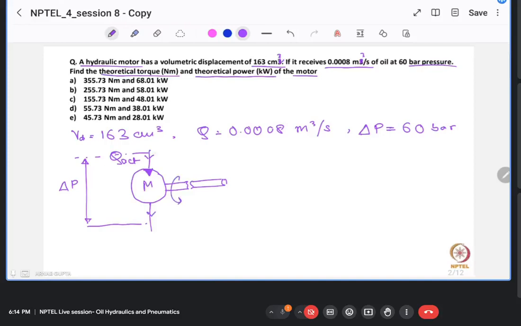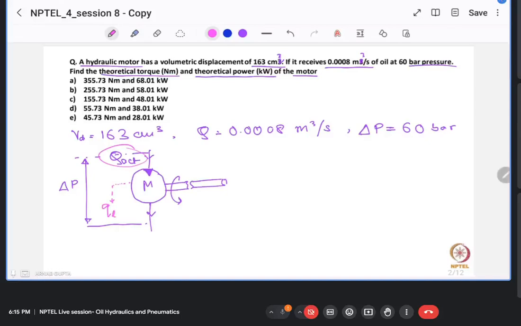Now the fluid that is coming into the motor is the actual flow rate. Now a small amount of this will be lost in the form of leakage. So the remaining amount of fluid is your theoretical flow rate that is consumed by the motor.